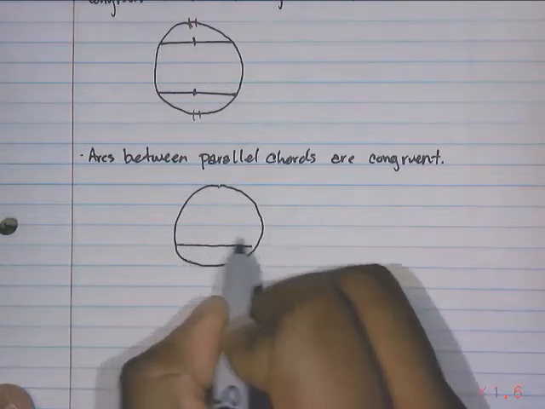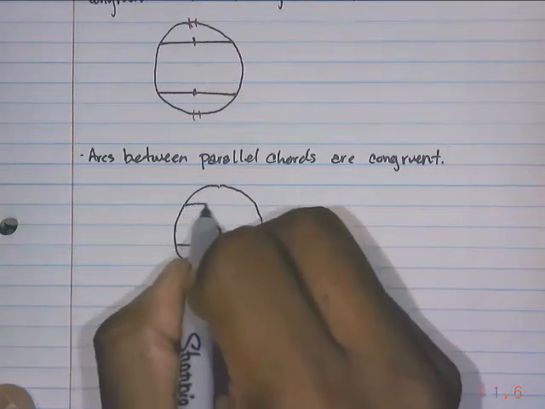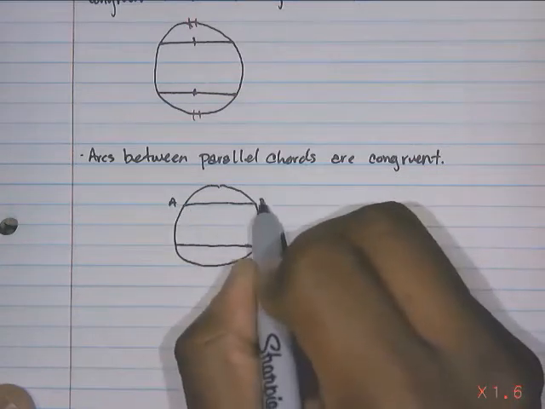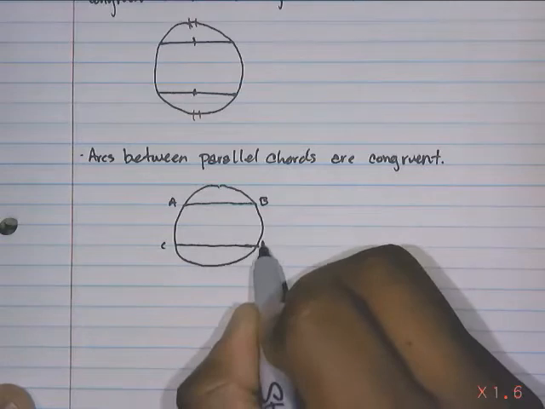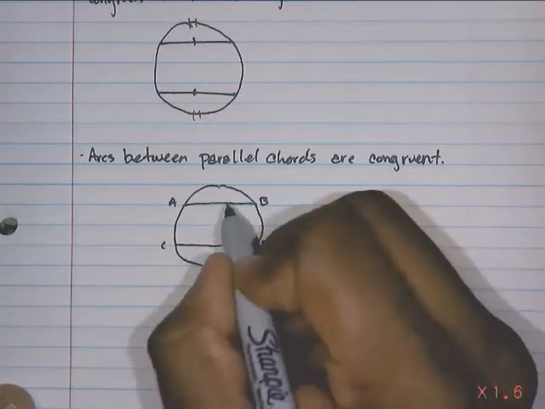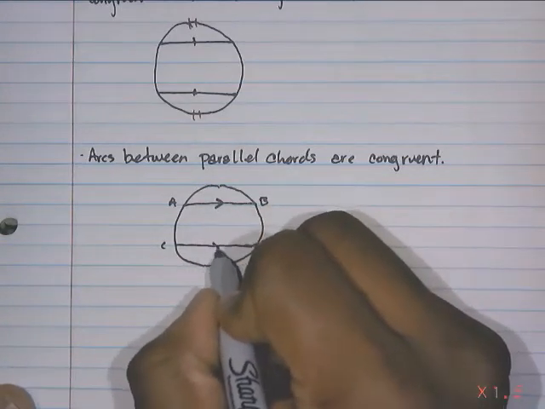Here's an arc here and an arc here. We'll call this chord AB and this one chord CD.